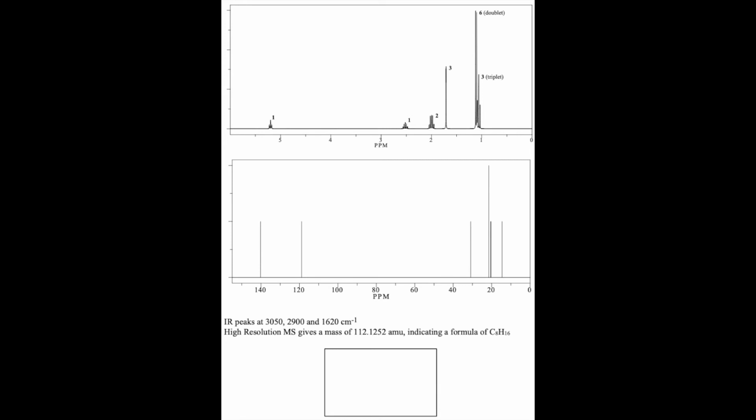Next, looking at the IR, we have 3 significant peaks here, a peak at 3050, and that is most likely going to be CH stretching from an sp2 carbon. We have a peak at 2900, which is CH stretching from an sp3 carbon, and then a peak at 1620 wave numbers, and that is going to wind up being a stretch from a carbon-carbon double bond.